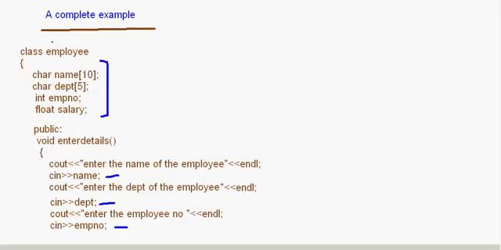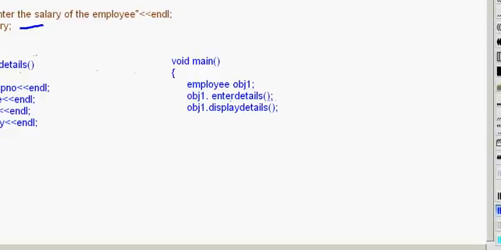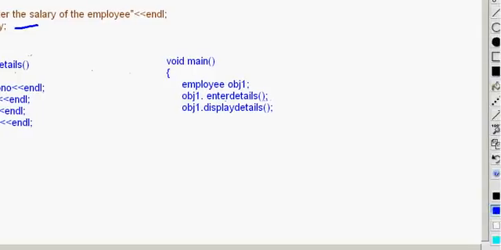So when I say obj1 dot enter details, the control comes to this enter details, and this method is executed. So enter the name of the employee, enter the department of the employee, all these things happen here. So the data for the employee is accepted, and after that the control returns back to this main method.